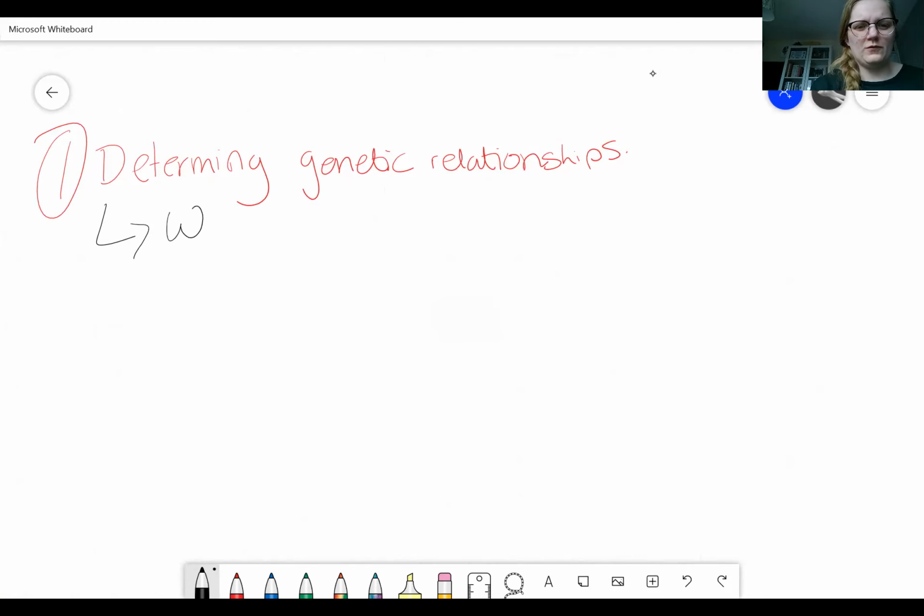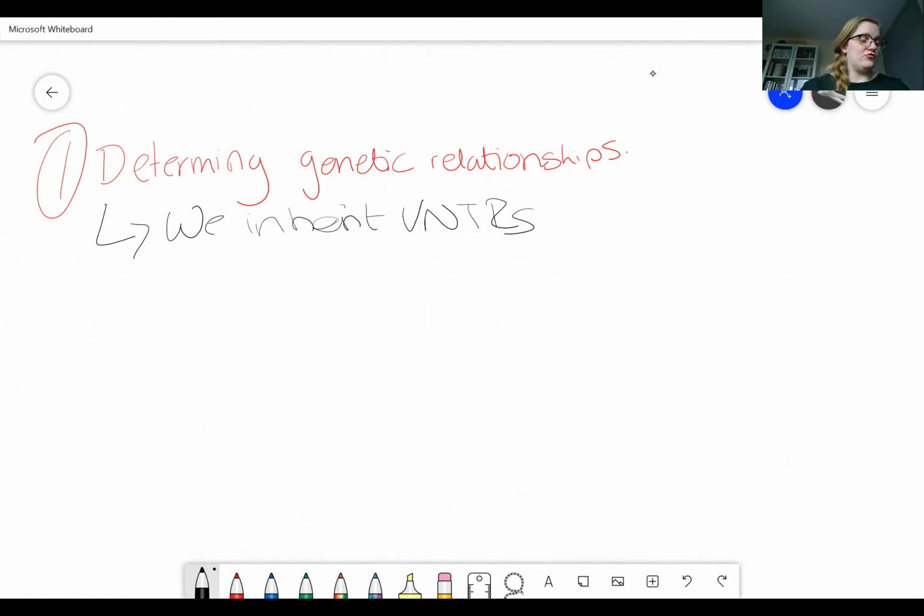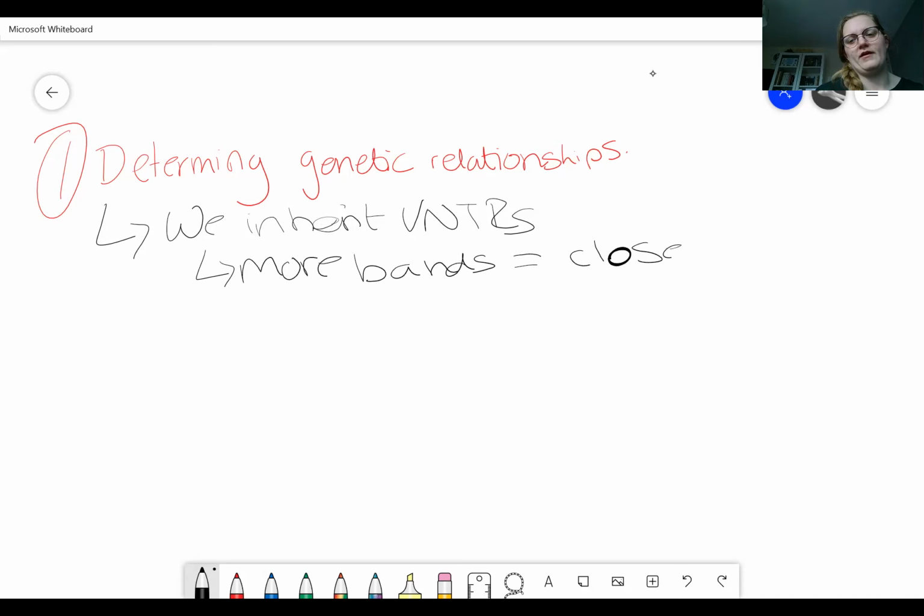We inherit these VNTR bases from our parents, and roughly, as you can probably guess, half of the sequences come from each parent. This means the more bands on a genetic fingerprint that match, the more closely related, genetically similar two people are. So more bands matching equals closer genetic relationship, basically.